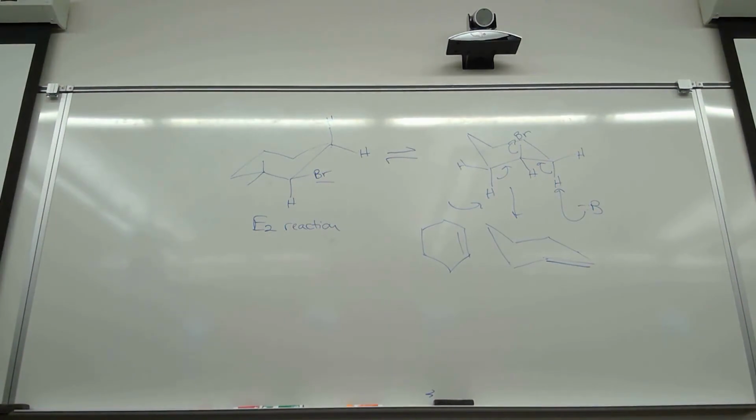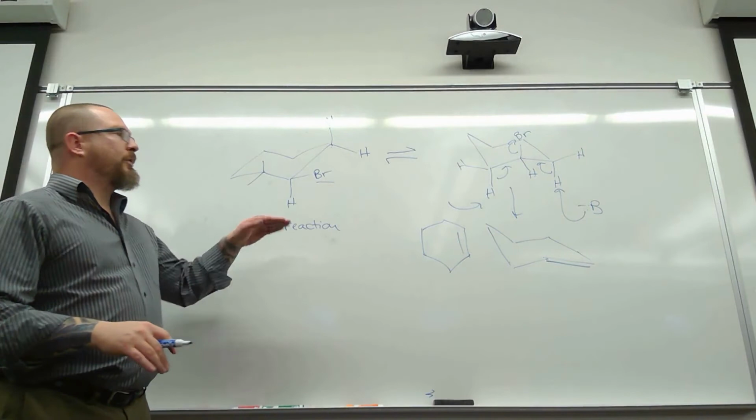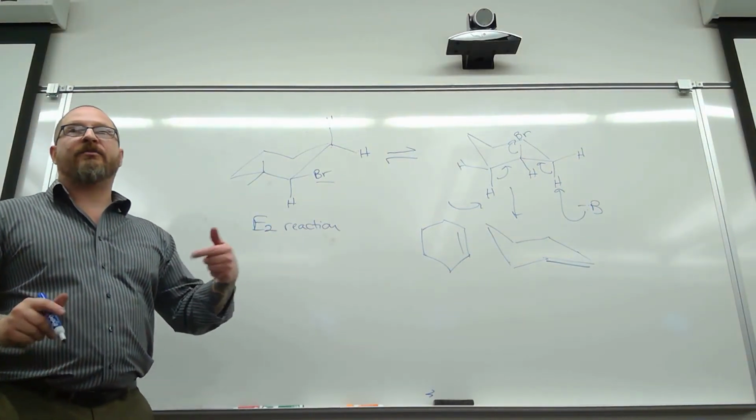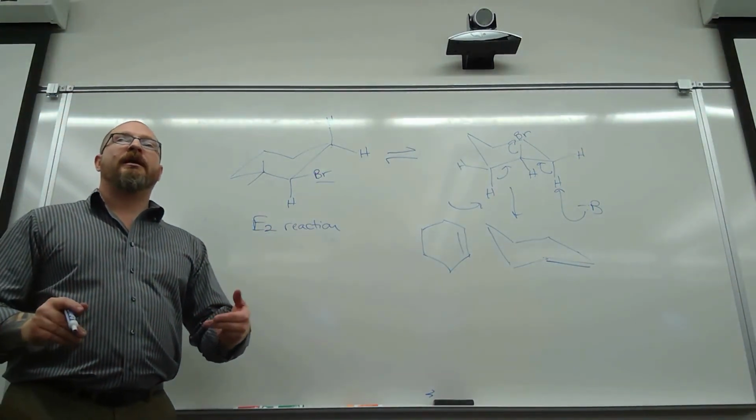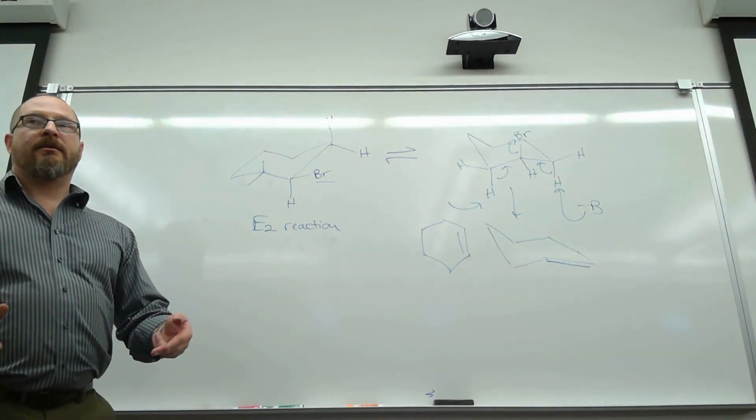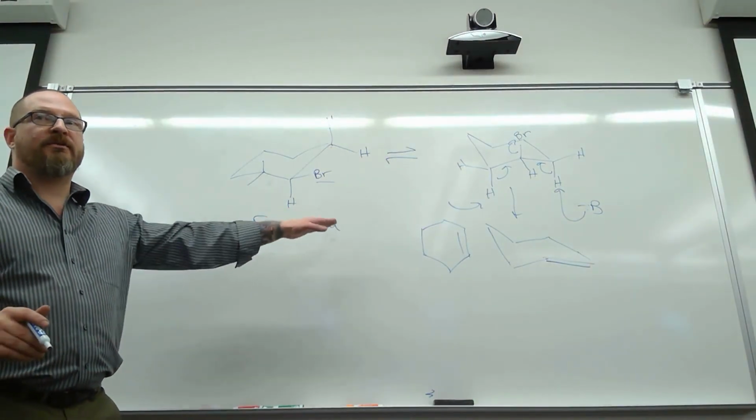So now we have two protons that can participate in the reaction because the bromine is axial. So both the proton that's getting removed has to be axial and the leaving group has to be axial in whatever chair can participate in this E2 reaction.